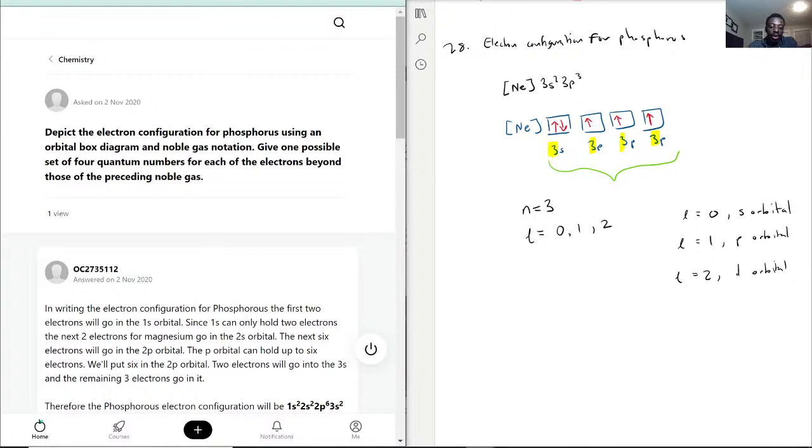Now this is where we get to the quantum numbers part. It's ML, which is every possible combination of 0, 1, and 2, but positive and negative versions of it. So ML can be minus 2, minus 1, 0, 1, 2.